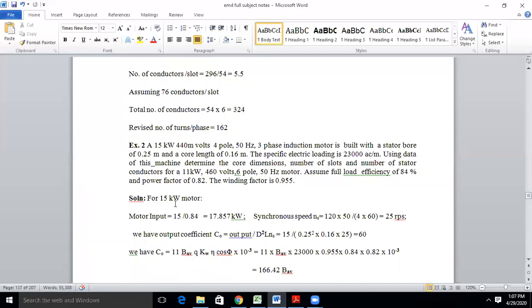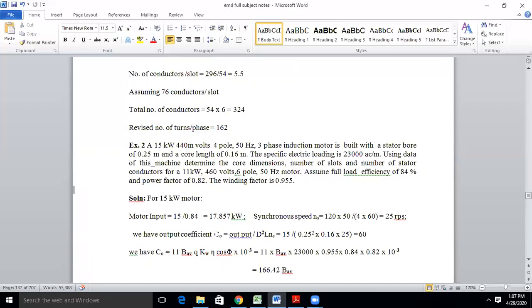So for the 15 kilowatt motor, input is basically 15 divided by 0.84. Now synchronous speed Ns is 120 into 50 divided by 4, into 60. It is 25 RPS. And now we have the output coefficient.